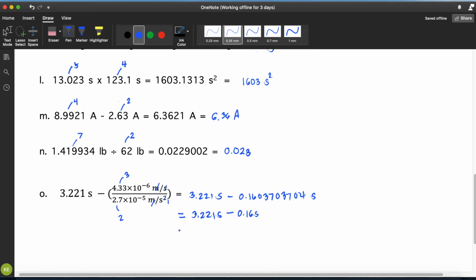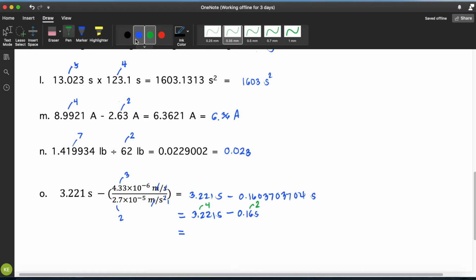The rule again in subtracting is that you keep the least number of digits after the decimal point. This one has 1, 2, 3, 4, while the other one has 2.